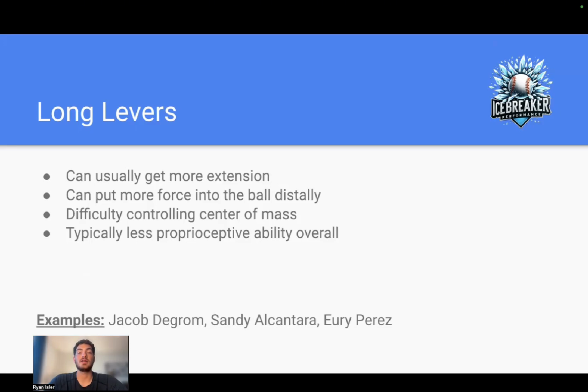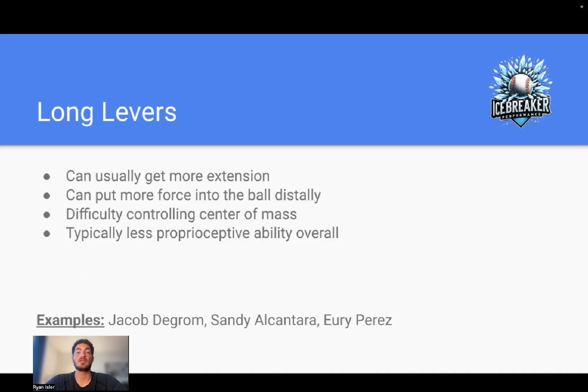So like I said on the last slide, these longer lever guys are going to have to produce less force proximally to be able to produce the same force into the ball. And that's because of how the torques work with having a longer lever arm and being able to accelerate through a longer space.